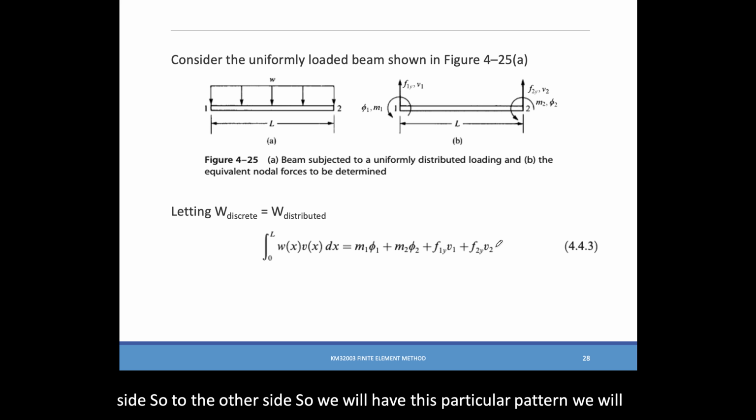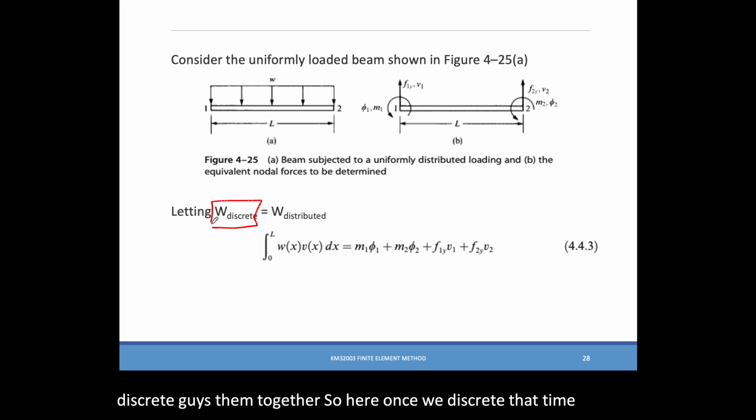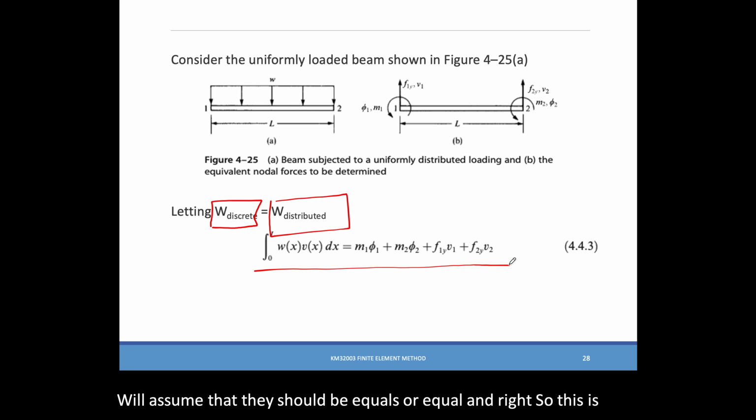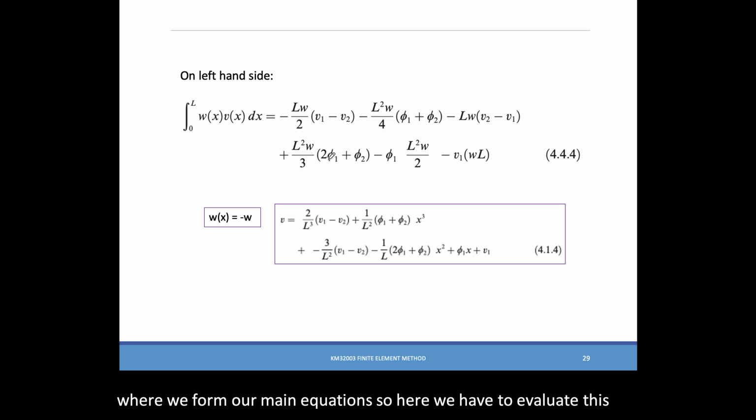Once we discretize them together, we will assume that they should be equal or equivalent. So this is where we form our main equations. Here we have to evaluate this left hand side as given. How to evaluate?